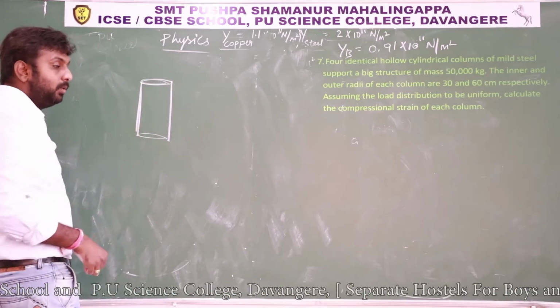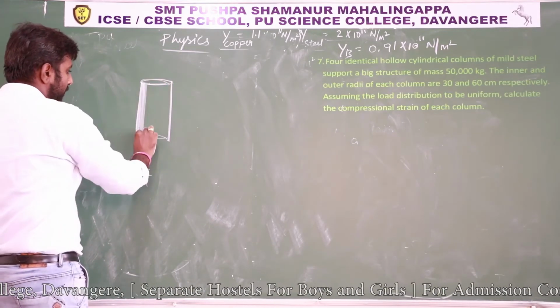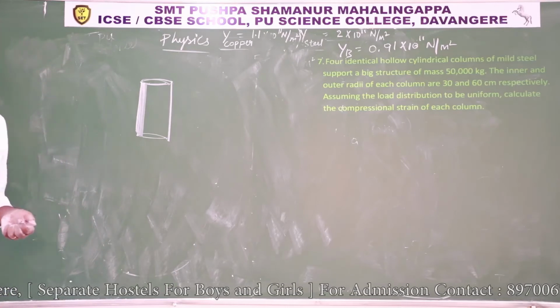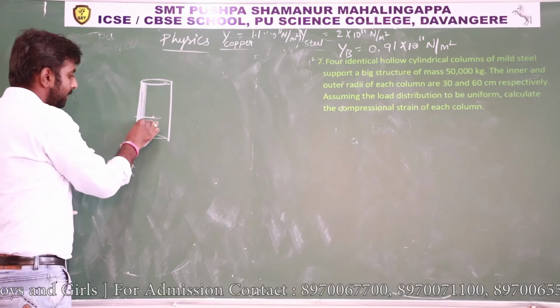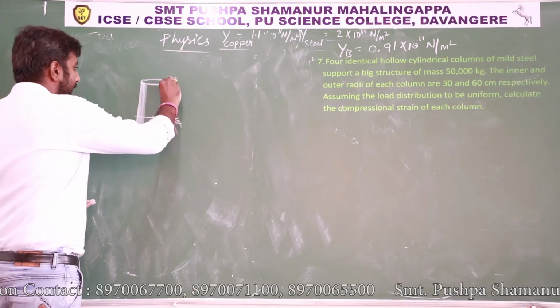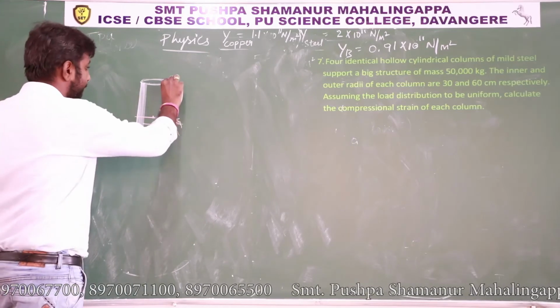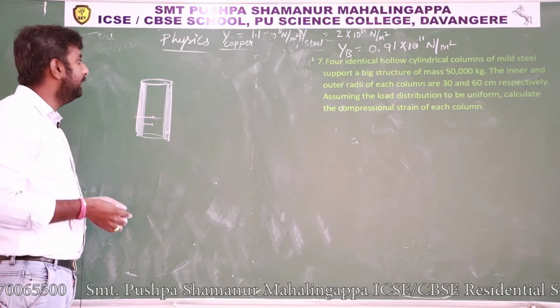So this is the outer radius, and from here to here, this is the outer radius, this is the inner radius of the hollow cylinder. So like this, there are 4 cylinders.